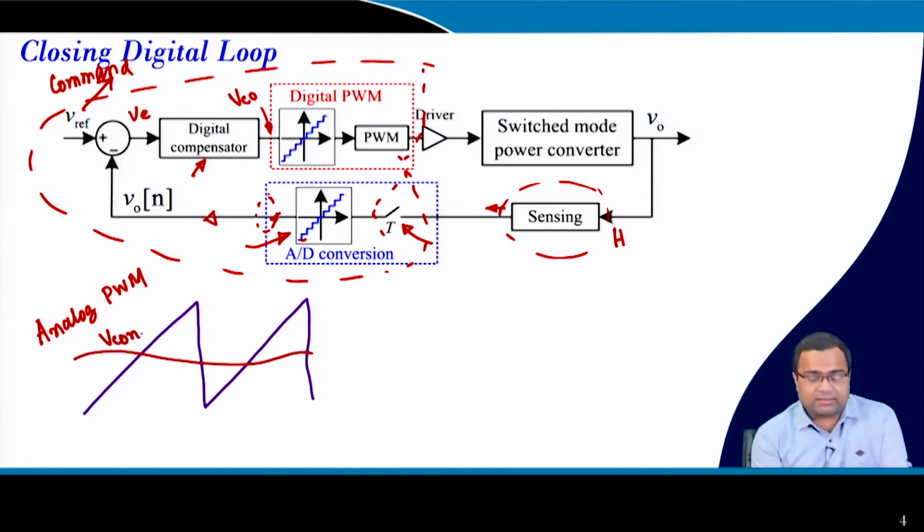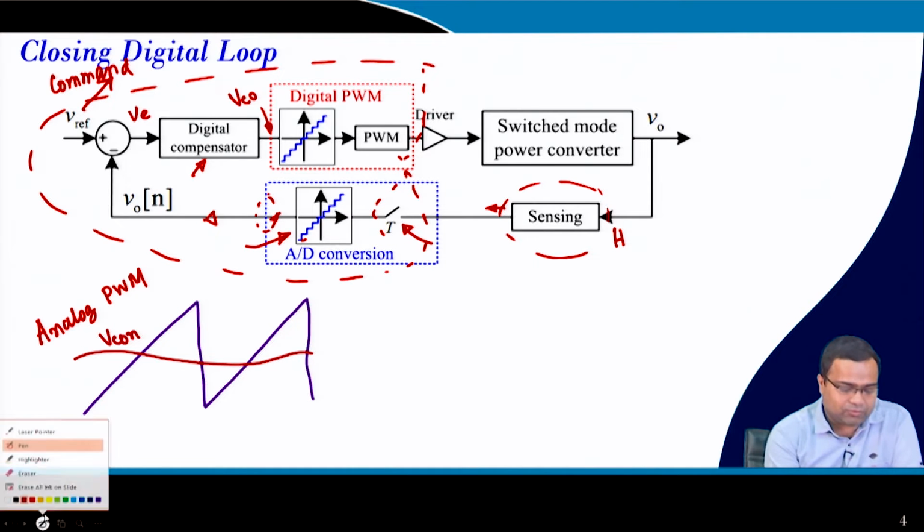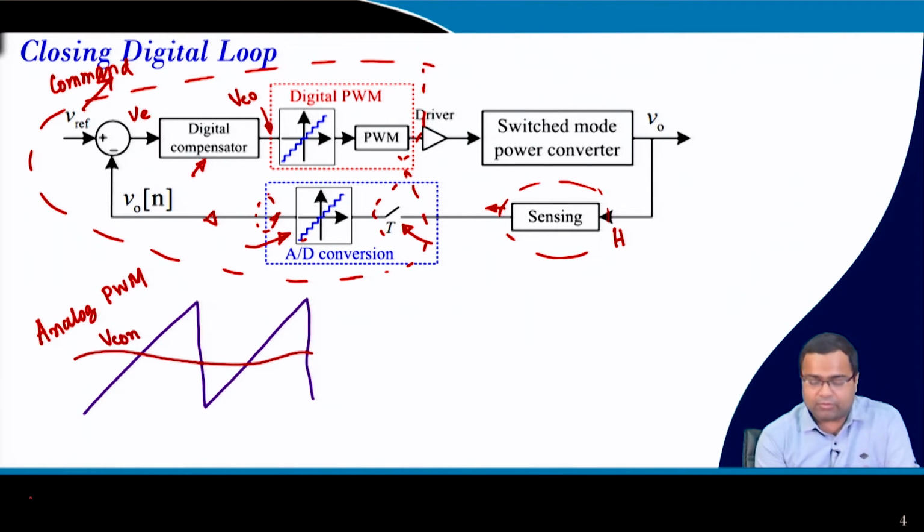What will happen? The same thing for digital. If we want to draw something similar or equivalent, it will be like a staircase waveform. You may think the easiest one is the counter based approach, where there will be a kind of staircase waveform, and again it will reset, it will go like this.